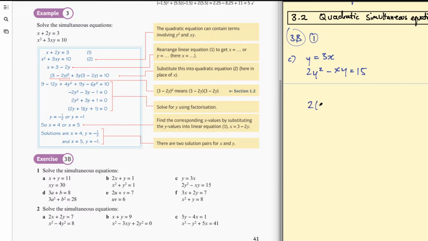We get 2 times (3x) all squared, take x multiplied by 3x equal to 15. If you're not in the practice of putting brackets around what you substitute in, I would encourage it at this stage because it helps you not to forget to square everything. If you've got 3x, you remember to square the 3 and the x.